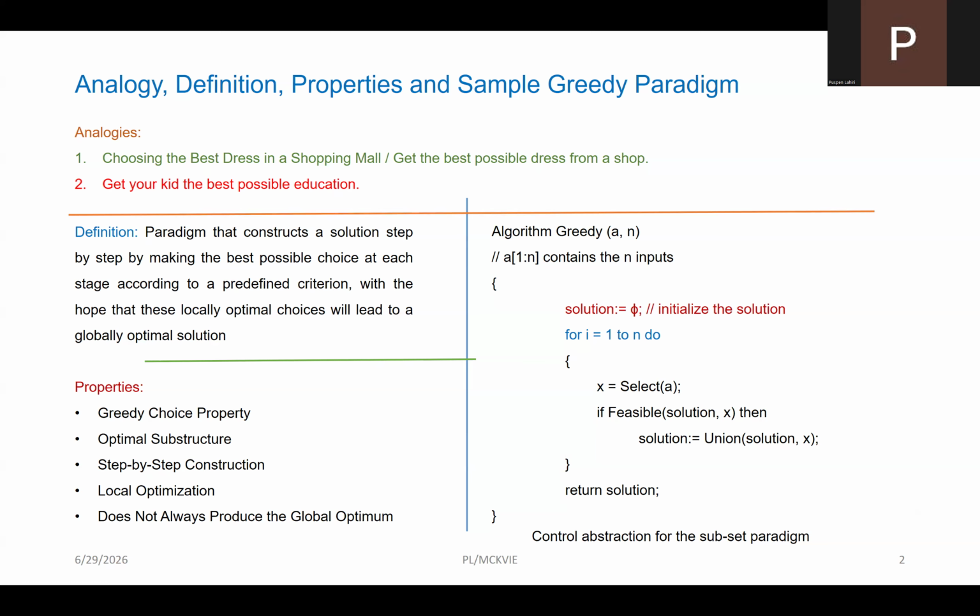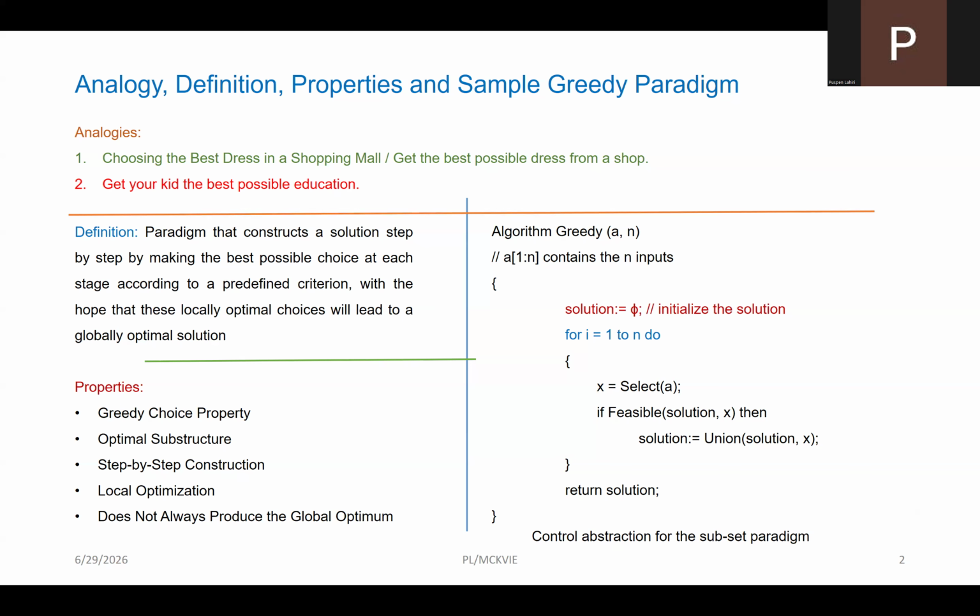Here we are initializing the solution to phi, that is, the solution is empty. As there are n inputs, you are selecting one input at a time from the array A. That is why it is written as select.